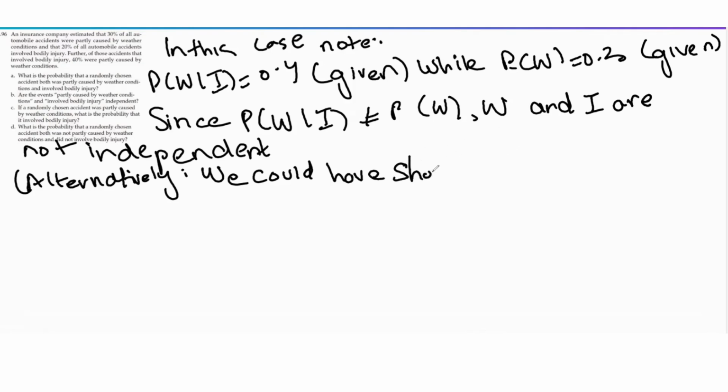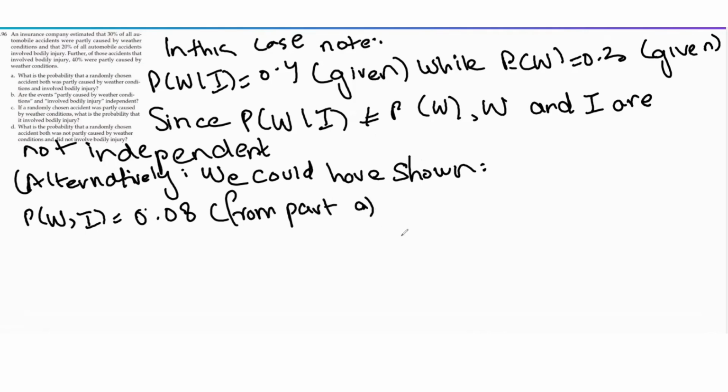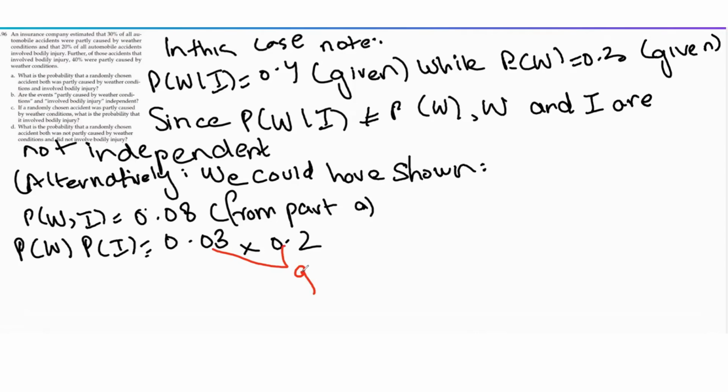We just found the probability of W and I using the multiplicative rule is 0.08 from part A. The probability of W times the probability of I, however, is 0.03. Again, this information is given to us, 0.3 and 0.2 are given in the question, right? So we're trying to see whether it's equal to the product or not.